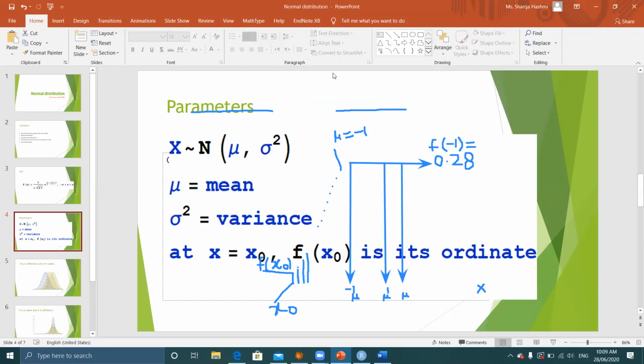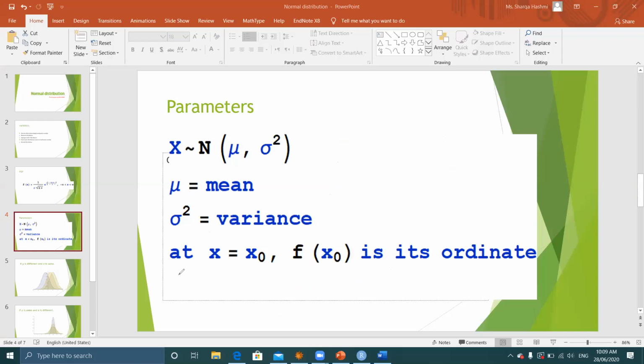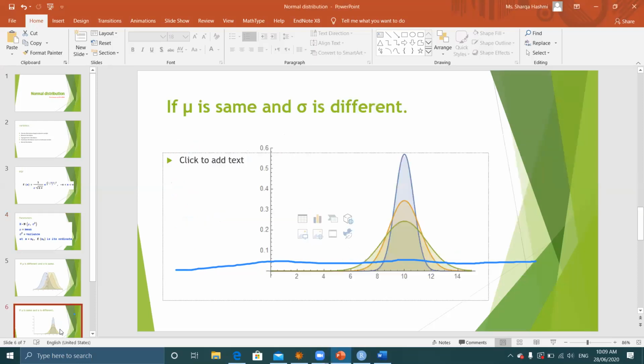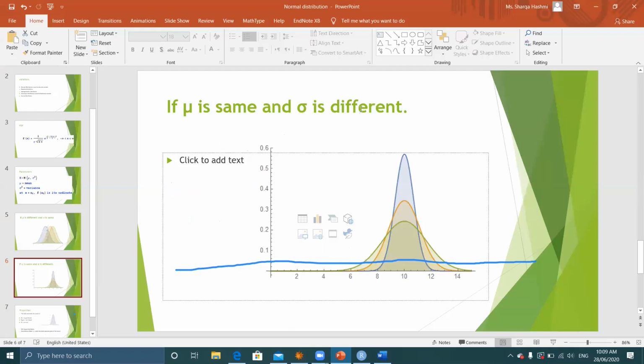This one. Let me clear up all the annotations so that you can view clearly. Good. This is your ordinate at specific point. Come to the next figure, which is this one, in which sigma is different, but one thing is same.